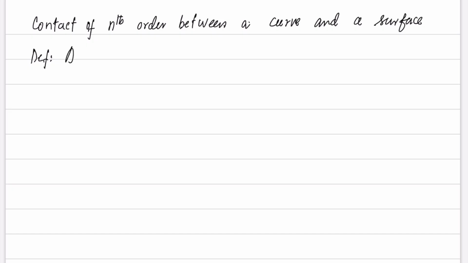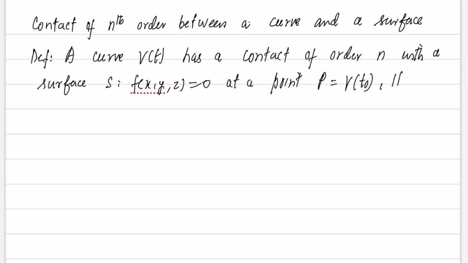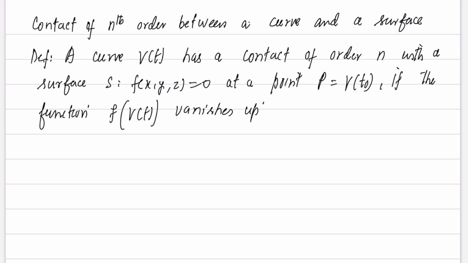A curve gamma of t has a contact of order n with a surface denoted by S, defined as f of x, y, z equal to 0, at a point P, which is defined as gamma of t0, a point lying on the curve, if the function f of gamma of t vanishes up to order n.